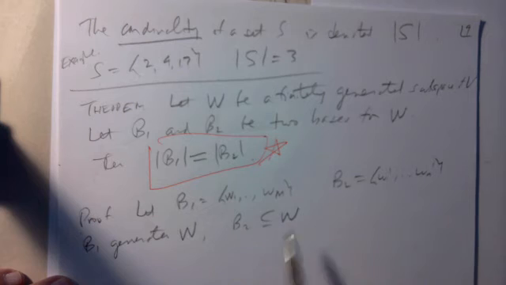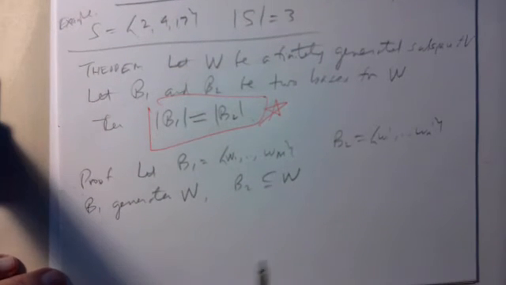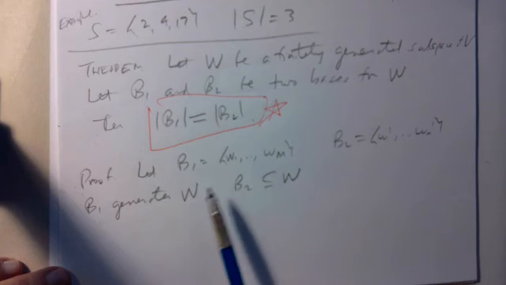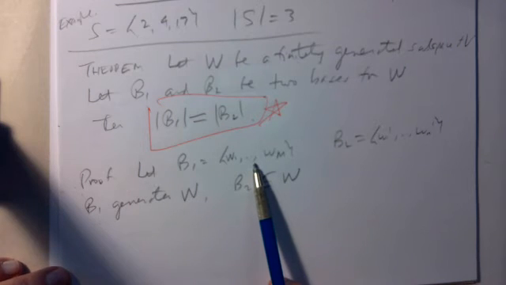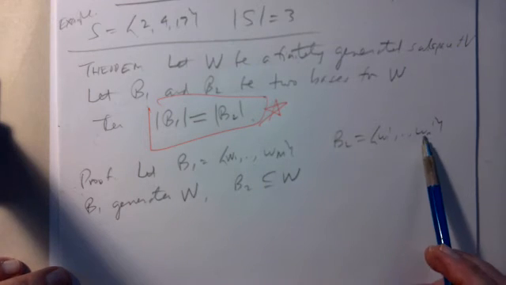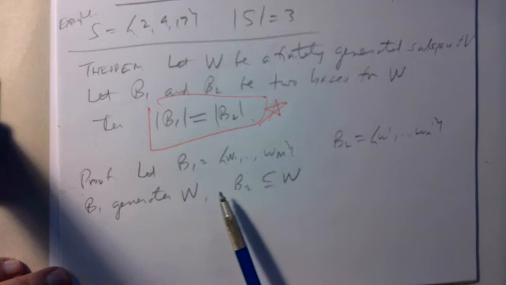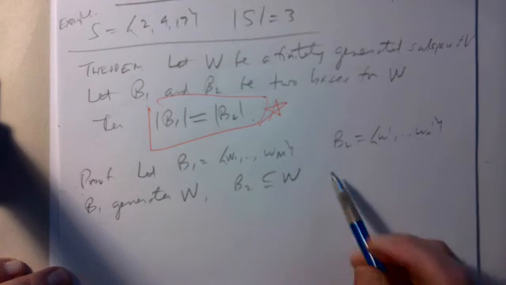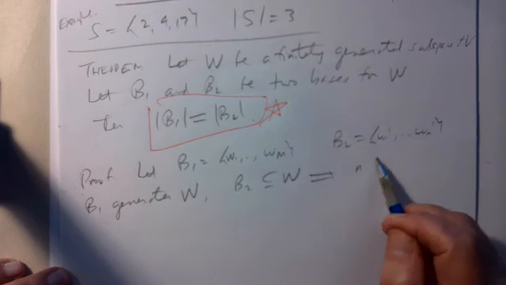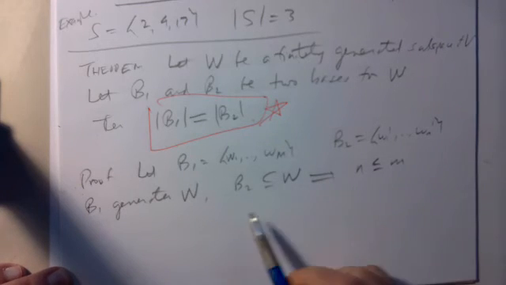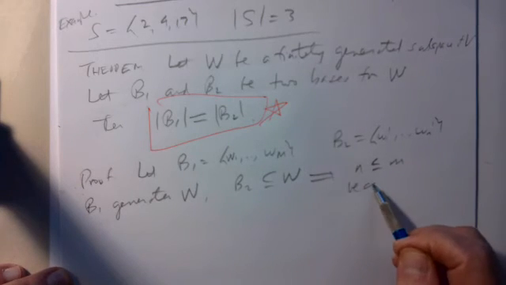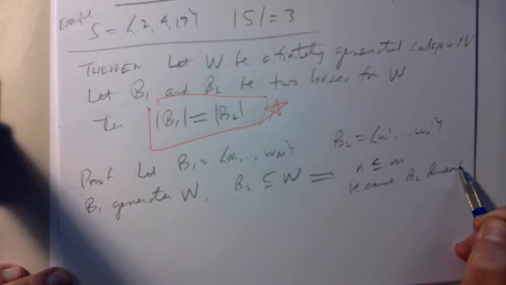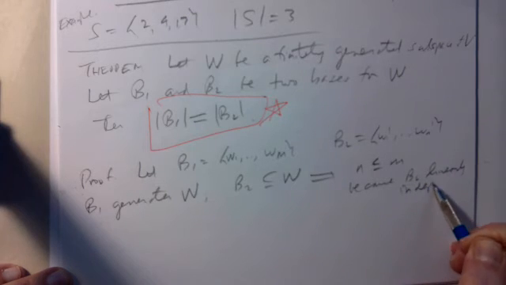B2 is contained in the subspace. And a theorem said that if you have a subspace generated by M vectors, and if you take N vectors in the subspace, if the N vectors are linearly independent, then N is at most M. Because B2 is a linearly independent set.